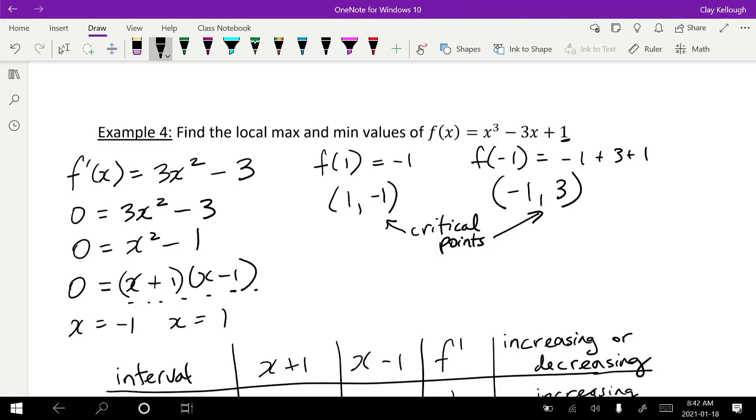And, well, that's 1 and -1. Does 1 make this a 0? No. Does -1 make this a 0? No. So I don't really know. I'm going to have some sort of at least rational numbers for my x-intercepts, and possibly even irrational numbers. So I don't know much about that. I guess I do know a y-intercept, right? My y-intercept is 1.